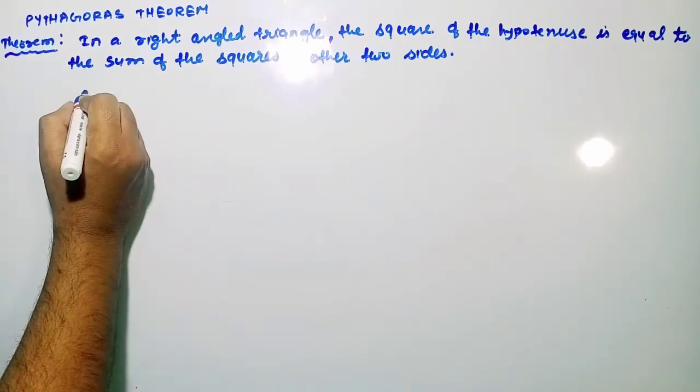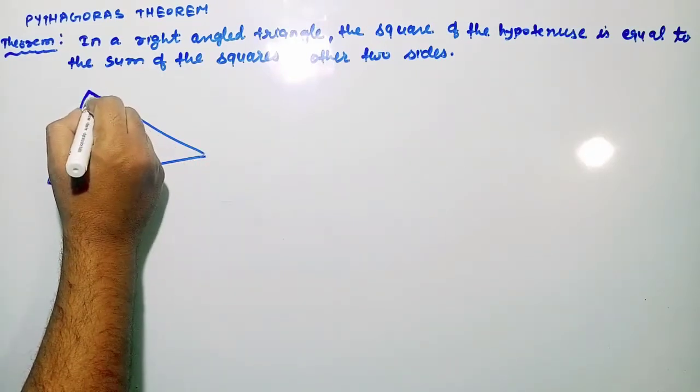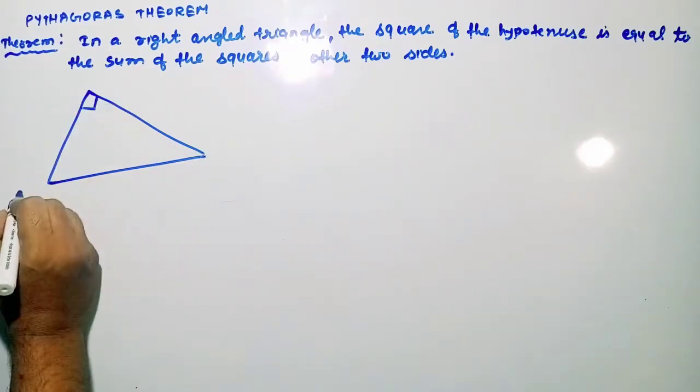Students, this is a statement of Pythagoras. In a right angle triangle, the square of hypotenuse is equal to sum of square of other two sides.